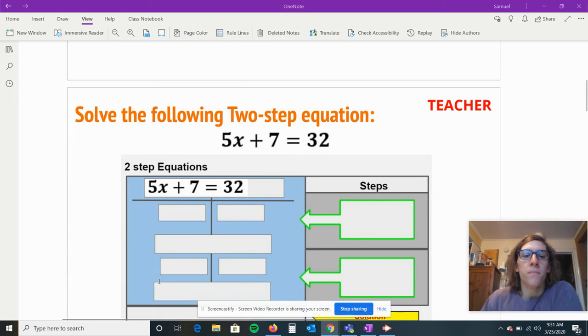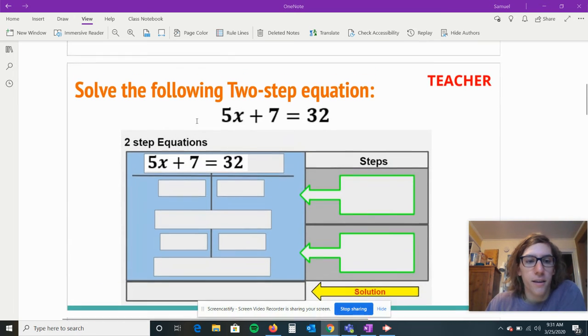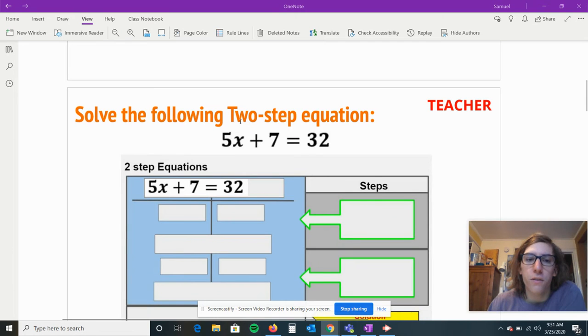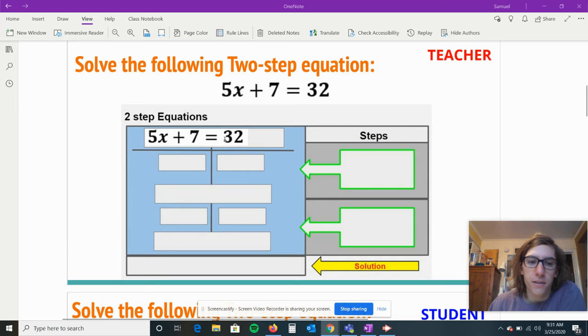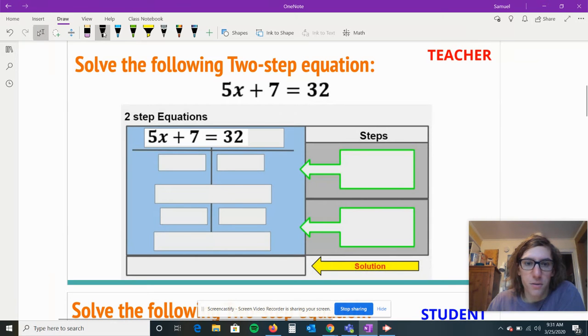All right, so the first problem we're looking at says solve the following two-step equation: 5x plus 7 equals 32. See if I get my drawing tool here.